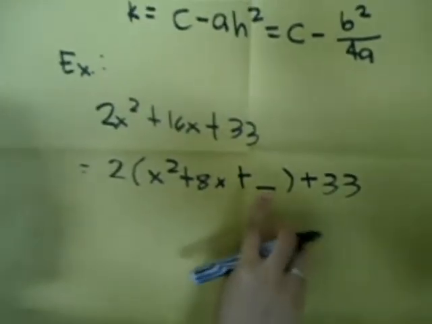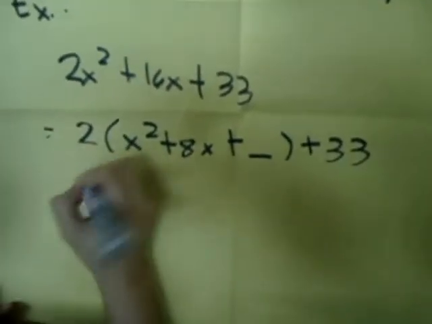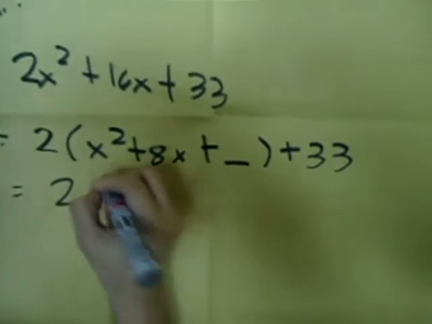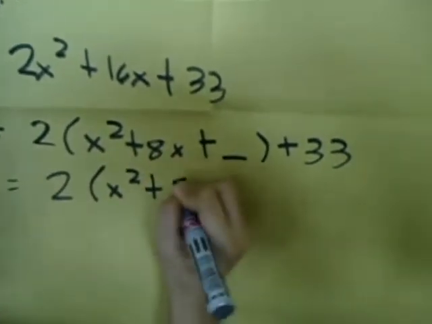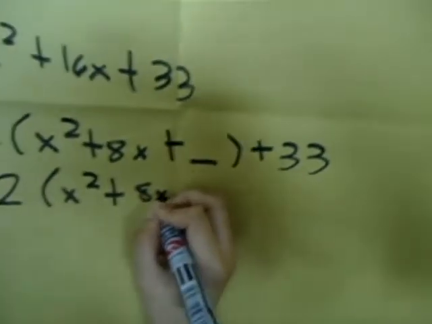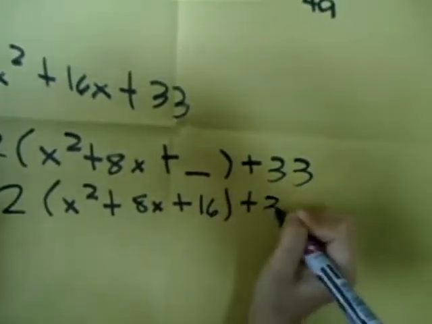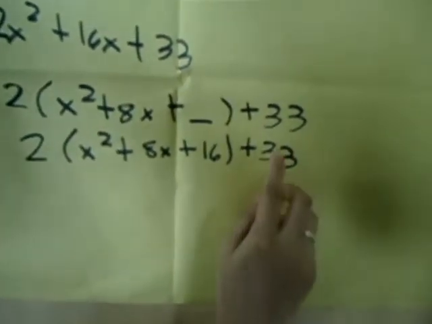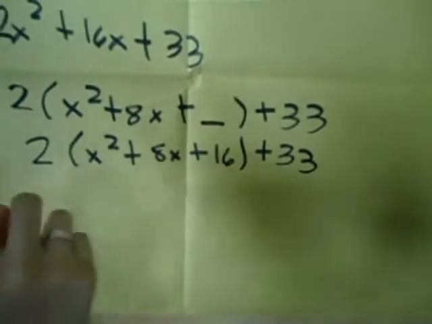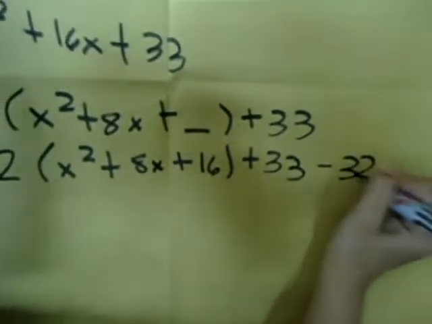We can find it by dividing 8 by 2, then squaring. So it will become 2 times x squared plus 8x plus 16, plus 33. We should deduct something from 33, which is 16 times 2. So it will become minus 32.